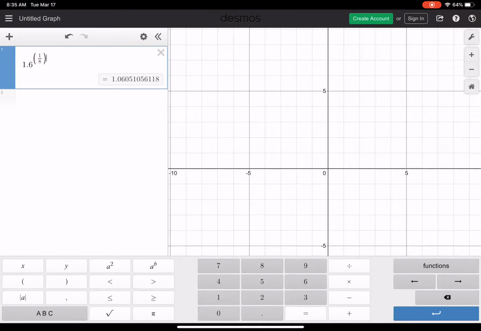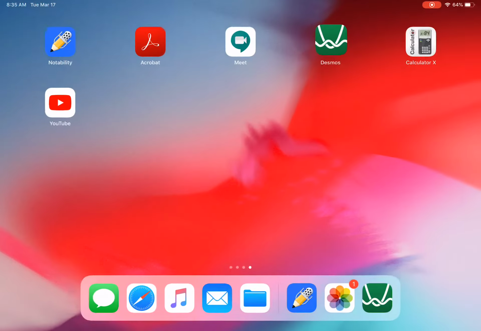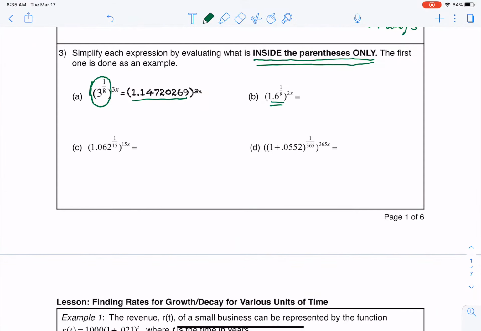And what we see there is 1.0605.1056118. Again, I'm going to record all of that information. And I keep the exponent on the outside.